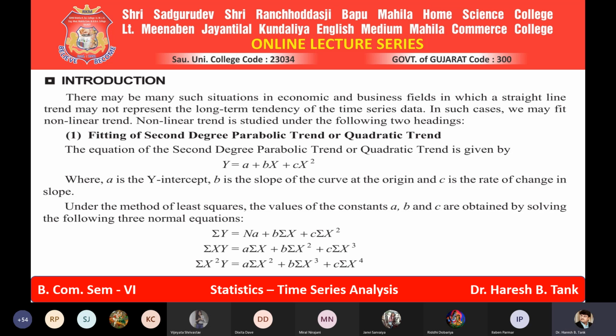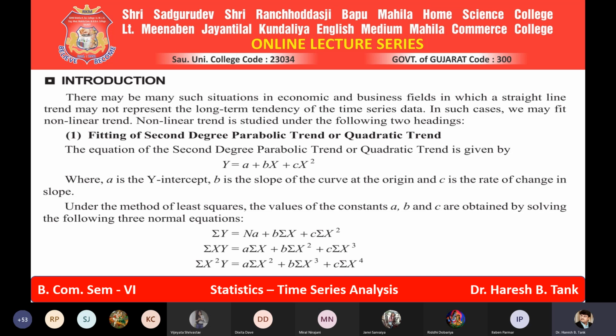The second equation: in the last case, in a linear trend, how did you find it? You implemented summation of x on both sides, right? Do the same. Implement summation of x on both sides.